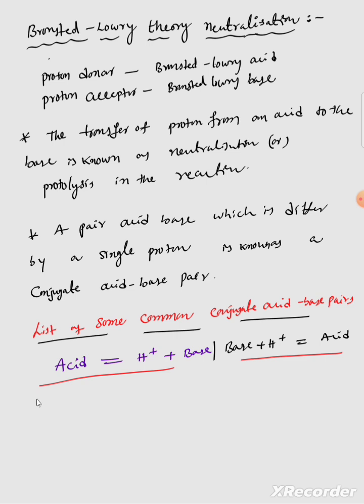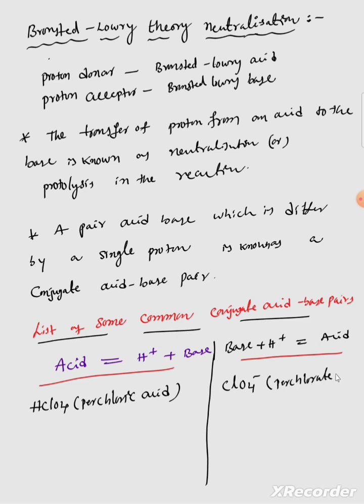For example, perchloric acid, formula HClO4. When it loses this proton it becomes ClO4 minus, which is the perchlorate ion.